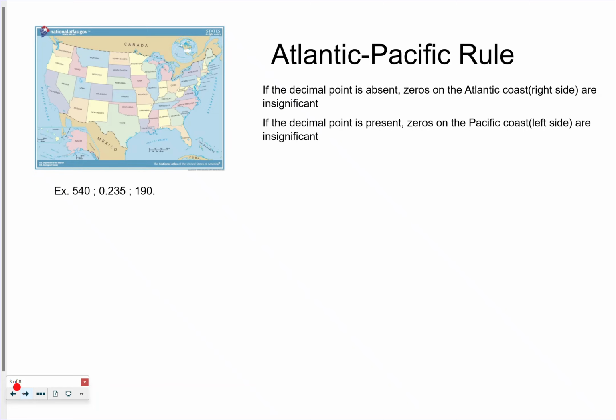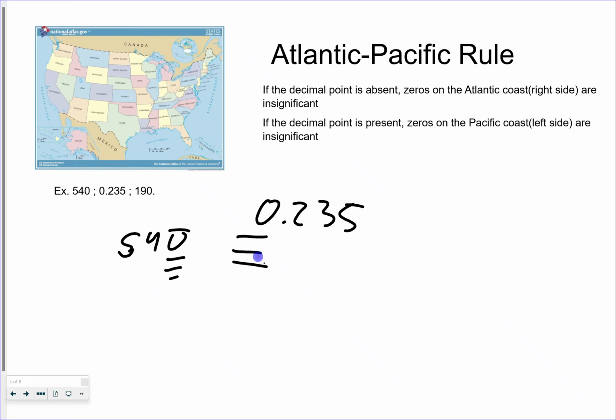So in 540, we're going to use the Atlantic rule for this. There is no decimal point in this number, so the 0 on the right side, which is this 0, is insignificant. In the number 0.35, we're going to be looking at the Pacific rule, which states that if the decimal point is present, the 0 is on the Pacific side, the left side of the number, so this 0 is also insignificant.